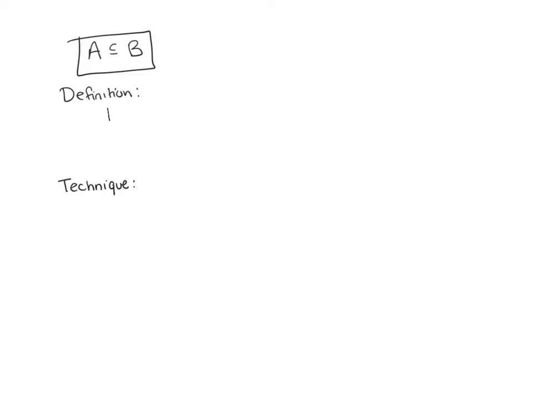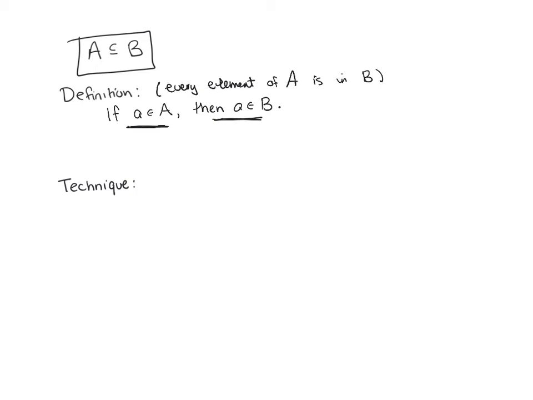We can think of this as saying if a is an element of A, then a is an element of B. Right, so we want to think of this as every element of A is in B. So if we have something in A, then it's in B. Or, alternatively, for all a in A, a is in B. So we've seen that these two statements are logically equivalent here.